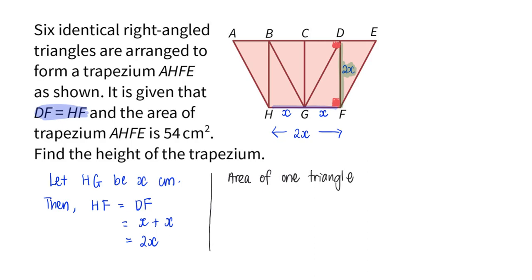In this case, I'm going to find the area of this triangle, DGF. Because we know there are 6 of them, and the whole trapezium is 54 cm squared, I'm going to divide by 6.